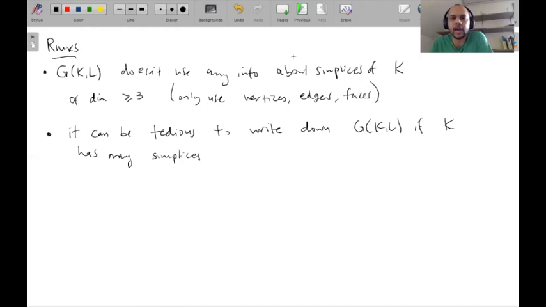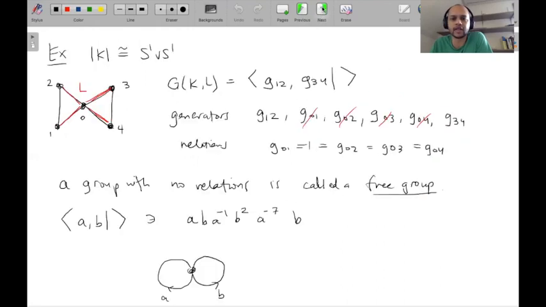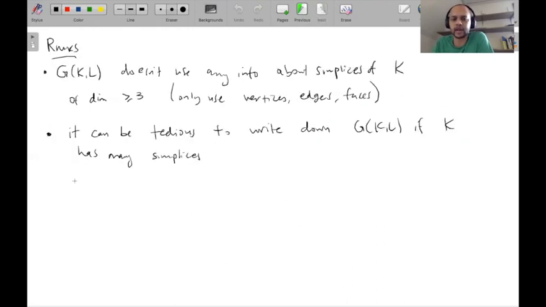Well, okay, we'll see. I mean, even here, like, look, this group turned out to be the trivial group, but we had to write down all this stuff just to see that the group was trivial. And here there's a relatively small number of simplices, but even, yeah. So it can get a lot worse than that, as maybe we'll see in some examples later.